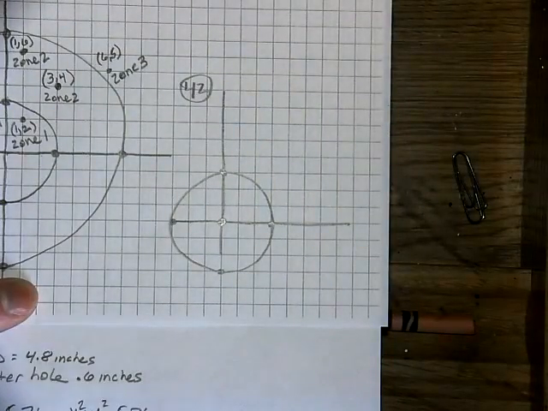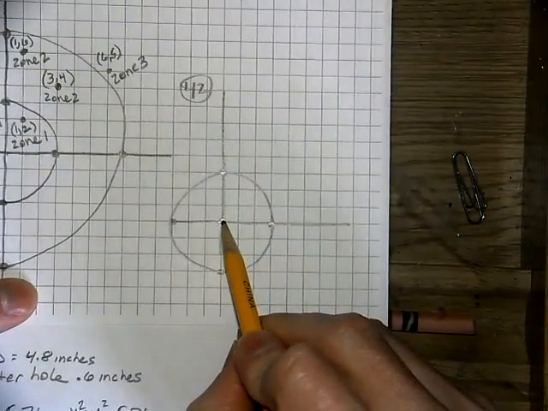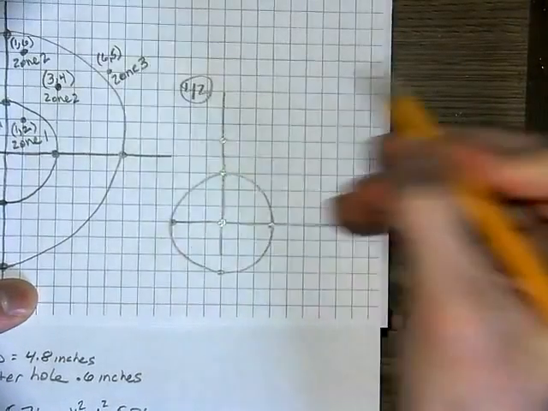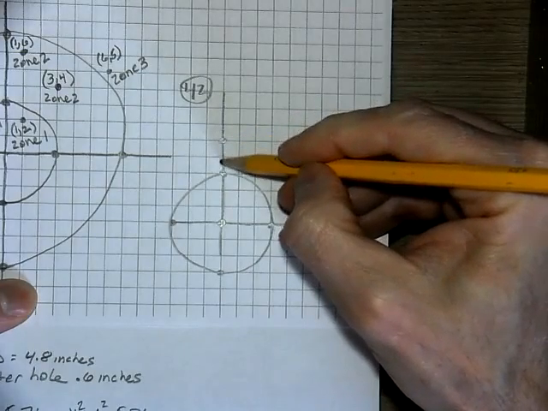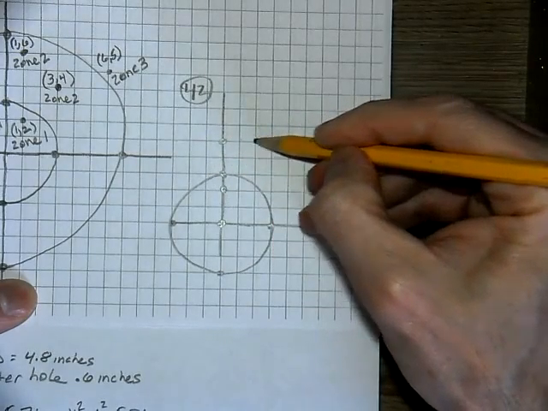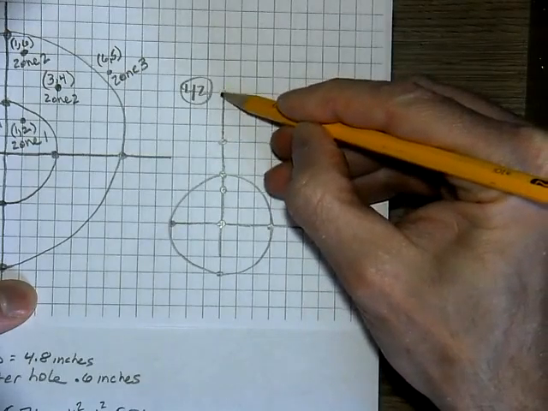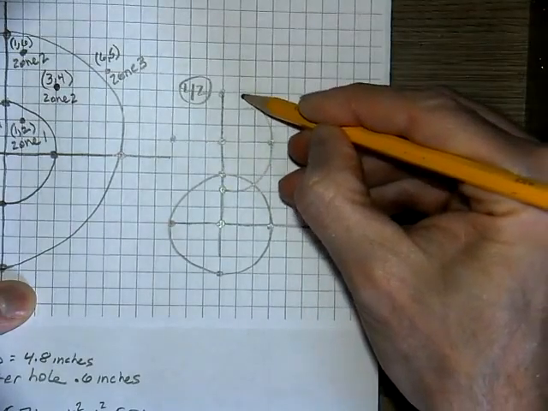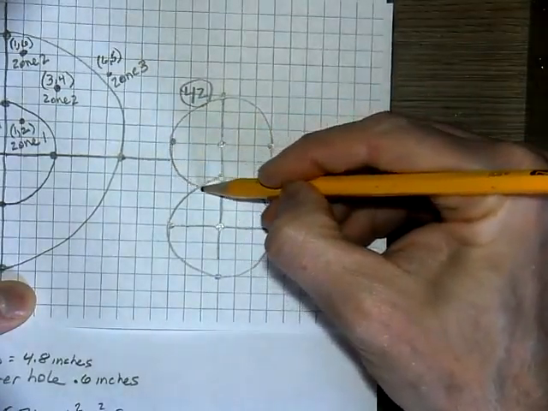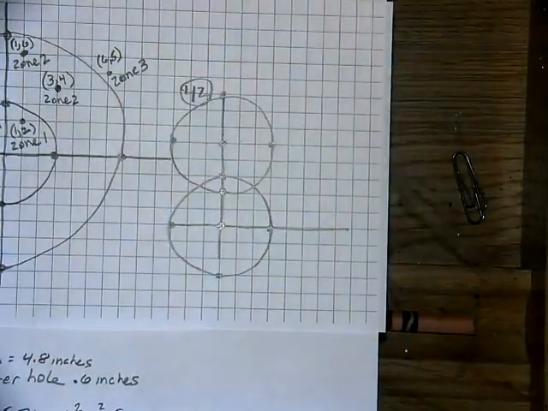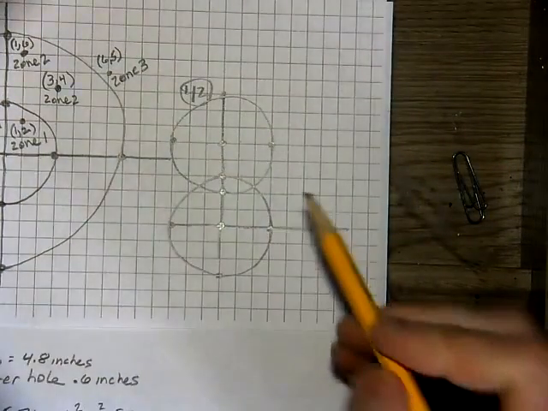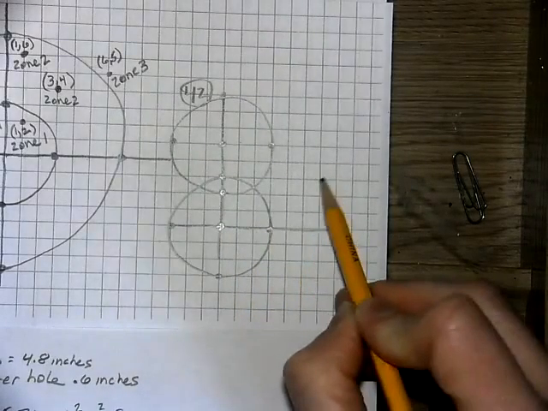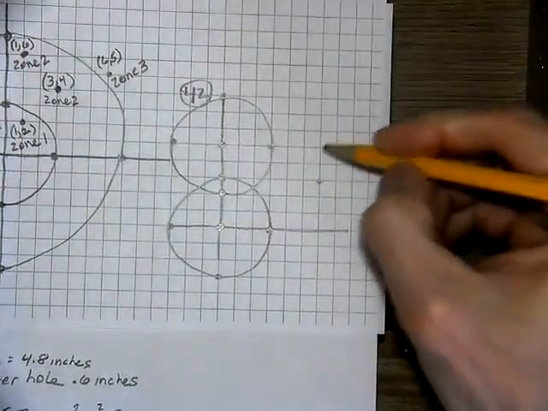We have another cell phone tower located at 0, 5, with a radius of 3. And then our last cell phone tower is at 6, 3. And it has a radius of 3.